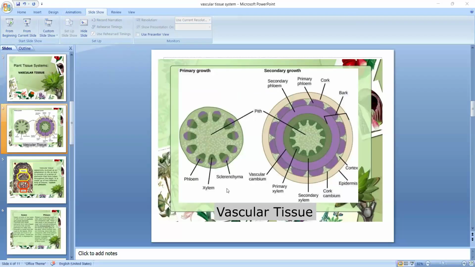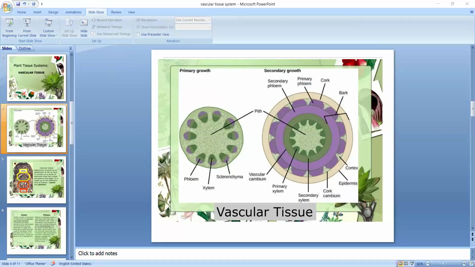Is it clear? This vascular cambium is present in between the xylem and phloem. This meristem is called intrafascicular cambium or vascular cambium.